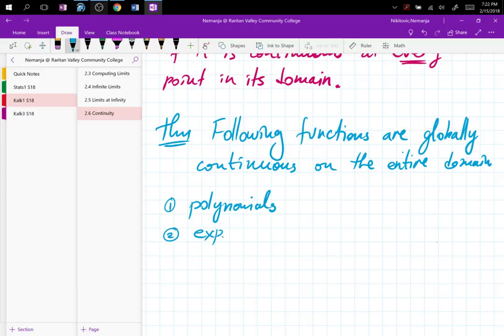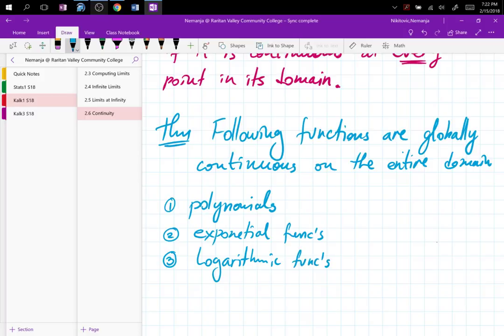Exponential functions. Logarithmic functions. Radical function, square root of x.